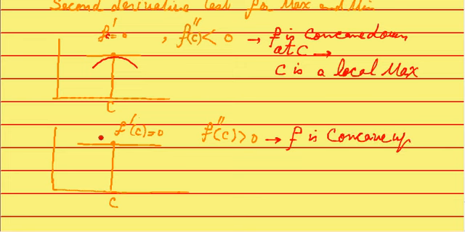If it is concave up, it looks like a cup in a normal position. So this point had to be the bottom of it. It cannot be the top of that picture. So C is a local min.